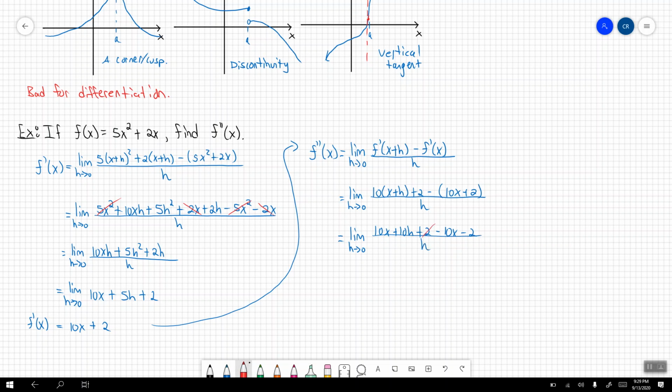As you can see, the 2's cancel, the 10x's cancel. 10h divided by h, it's just the limit as h is approaching 0 of 10. The limit of a constant is just the constant itself. Which means my second derivative is actually a constant and it's going to be equal to 10. So that's pretty cool. Alright, so I like that so far.